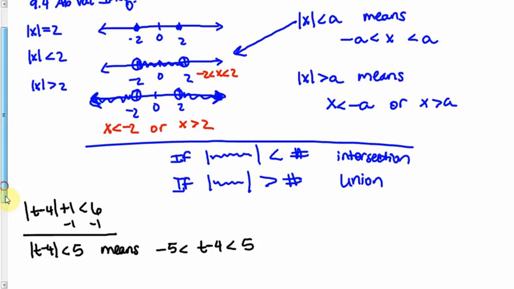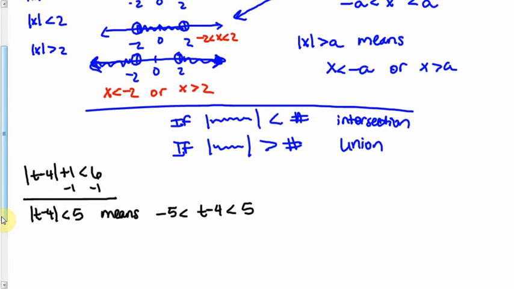And then you can solve it. That's what that rule means. So I'm going to add 4 to both sides, to all three sides. And I get negative 1 is less than t is less than 9.